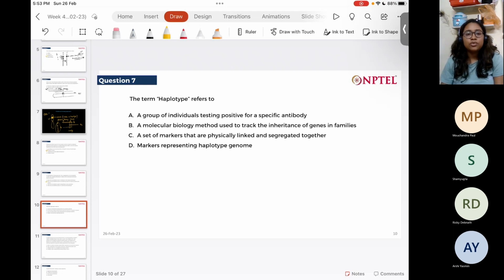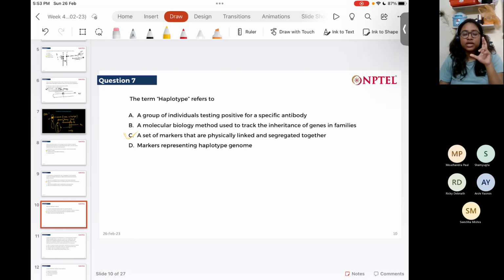I've already discussed this when we talked about physical mapping. Option C. Yes, you're correct. So haplotype is nothing but a set of markers which are linked together and will segregate together, right? From one generation to the next, the same set of markers will be present.